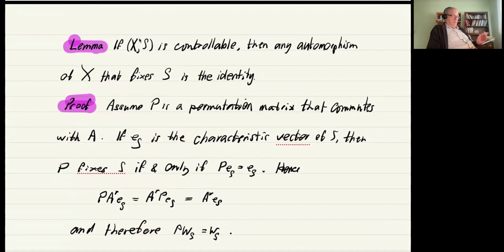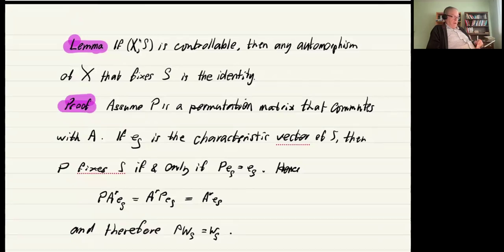So I'm assuming I'm working with permutation matrices. So I've got a permutation matrix P, and it commutes with A. It's an automorphism of the graph X. And I'm using e sub S for the characteristic vector of S, the subset we're working with. Now, P fixes the subset as a set if and only if it maps the vector e sub S to itself. Okay.